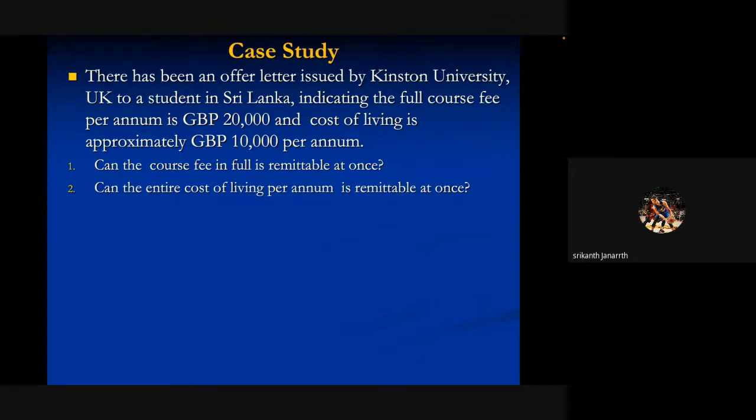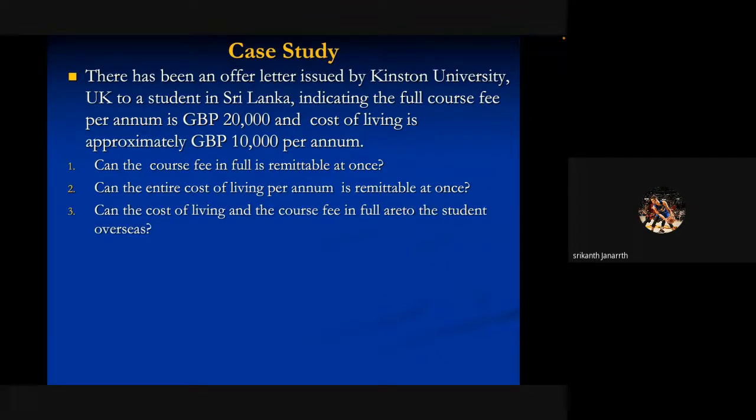So you can remit 3 months cost of living once, next 3 months, or term by term or semester by semester. There's no necessity for you to remit the entire thing, right? Or even you can divide into 2 years and remit. If the cost of living is 10,000, you can remit about 3,000 in 3 payments, I would suggest, or 5,000 in 2. That's okay, right? But not the whole 10,000. There's no requirement, right? So you need to know that.